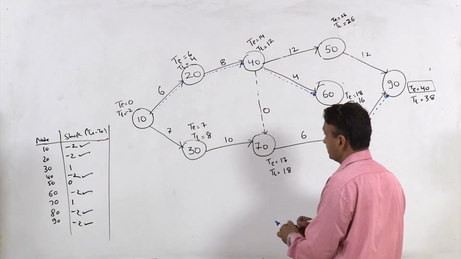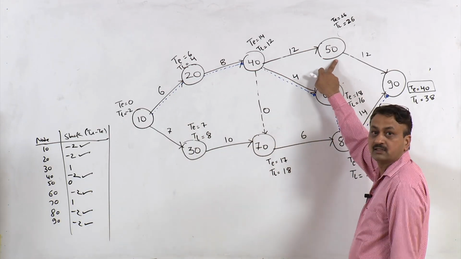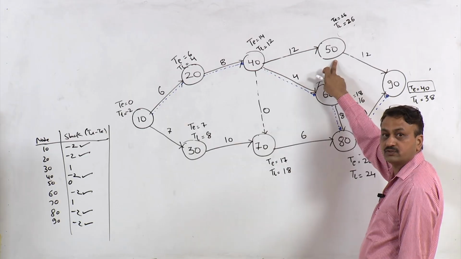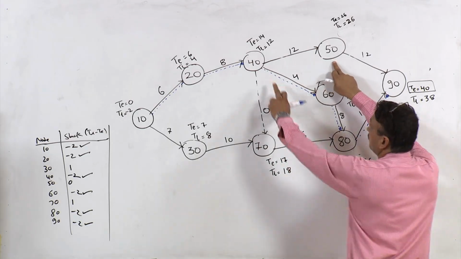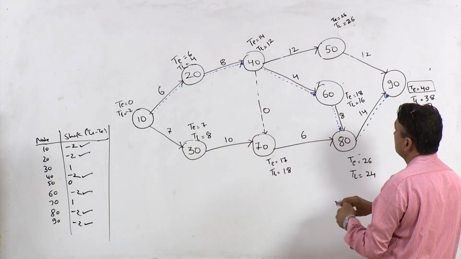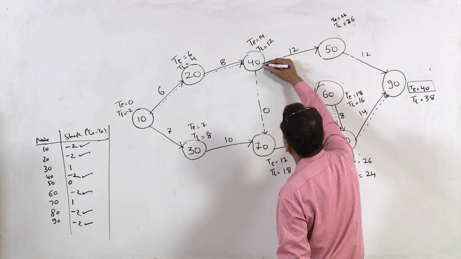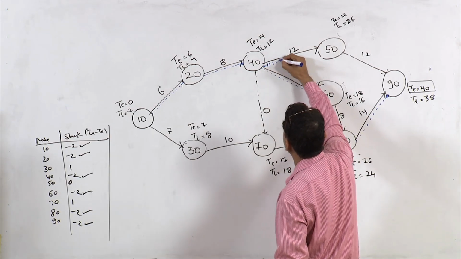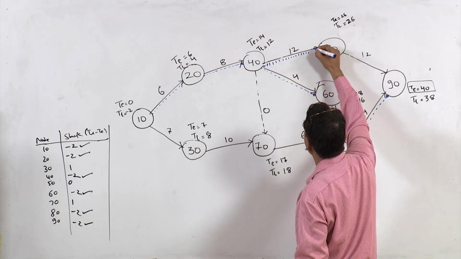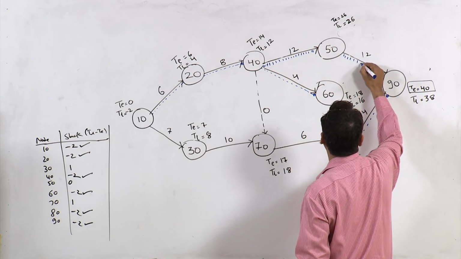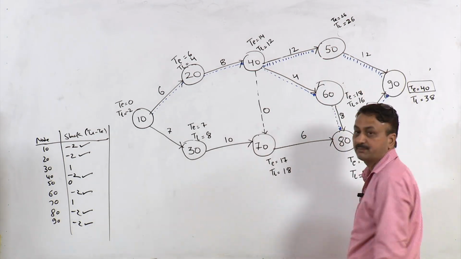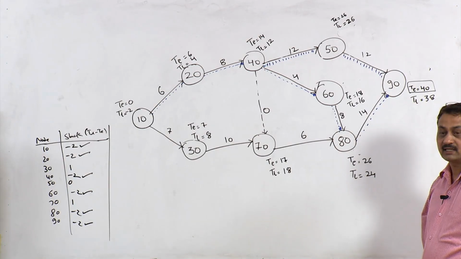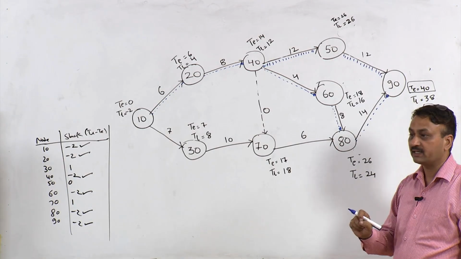So node 50 is here. 50 is connected to which two nodes? 40 and 90. So this is your semi critical path. Let me write like this. This is your first semi critical path.